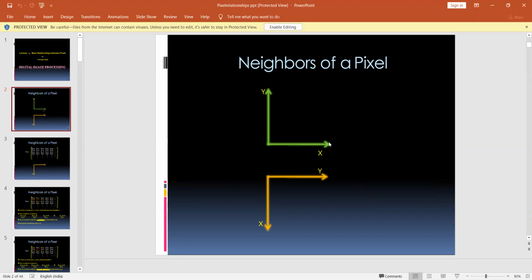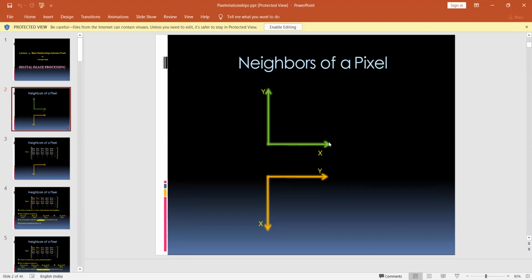Resolution means the number of pixels in a row by the number of pixels in a column. Suppose the resolution of an image is 28 by 32. 28 by 32 means 28 pixels in a row and 32 pixels in a column. So that's why we call it the resolution of an image.